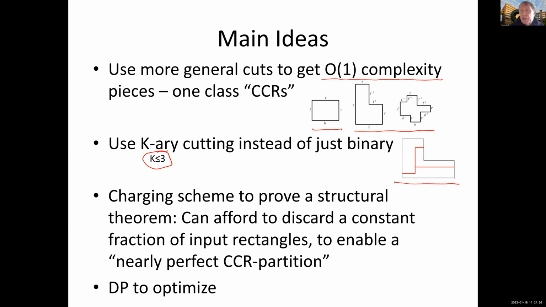So we might partition into 3 subpieces. And there's going to be a charging scheme that will allow us to prove our structure theorem that we can afford to discard a constant fraction subset so that we get what we'll call a nearly perfect CCR partition. Once we have that, it's straightforward to use dynamic programming to optimize over all such partitions.